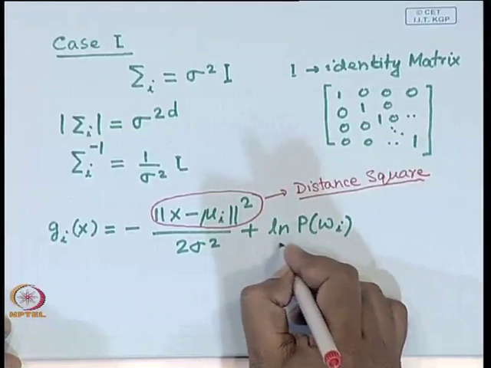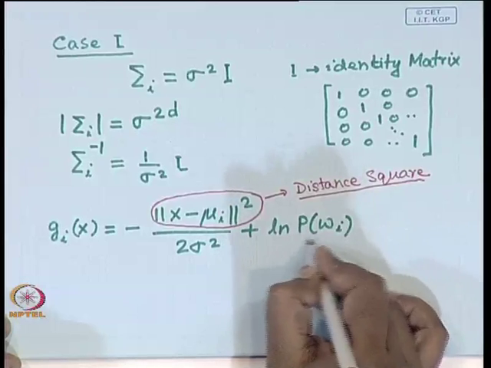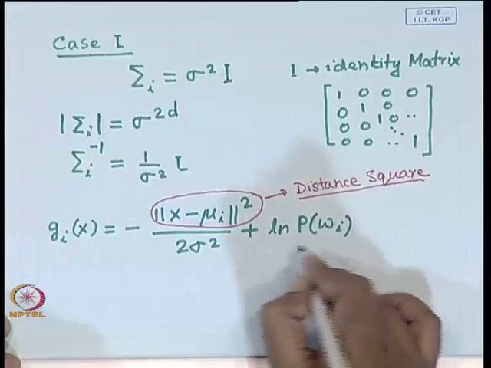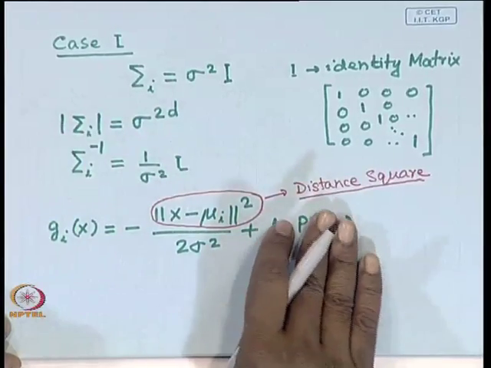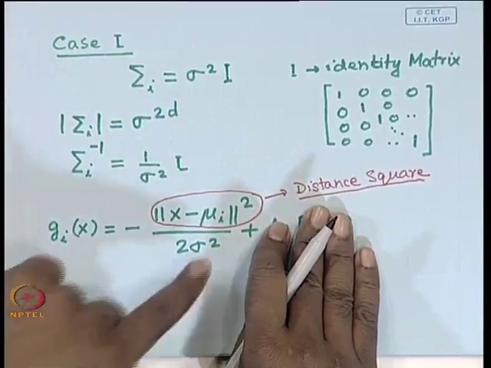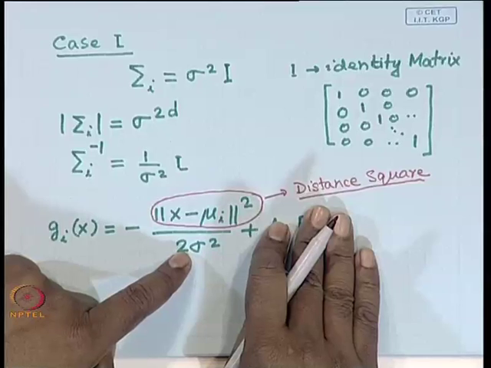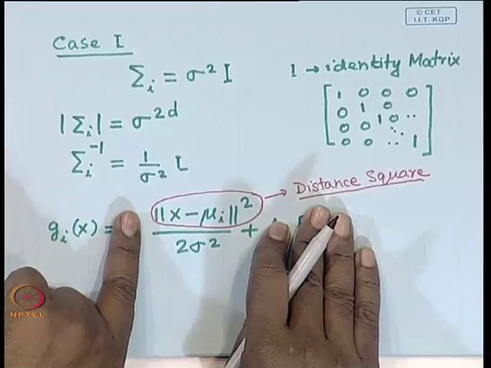In the situation that all the classes are equally probable, that is ln P(ω_i) is the same for all the classes, this term becomes irrelevant in the discriminant function. So, my discriminant function is simply this equation. And this being the squared distance from the mean of the vectors, it becomes a minimum distance classifier, because this term will be maximum when the distance is minimum, since it is negative.